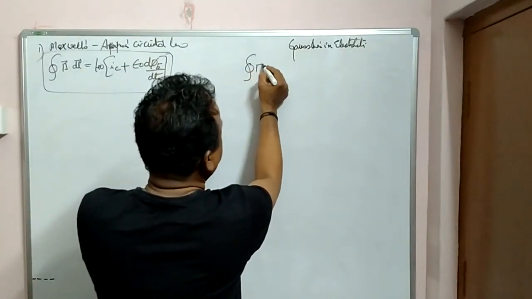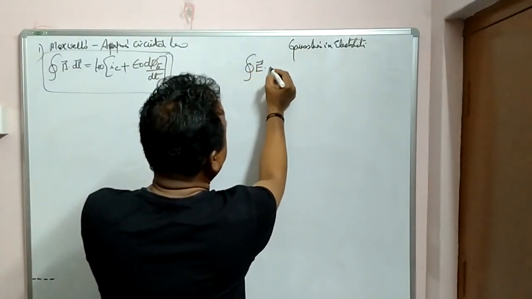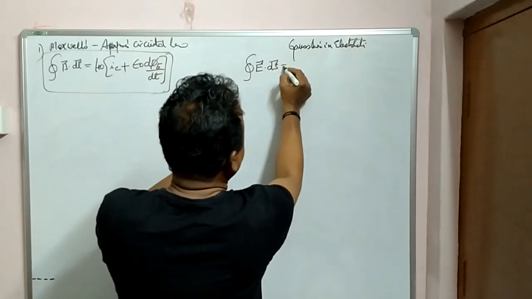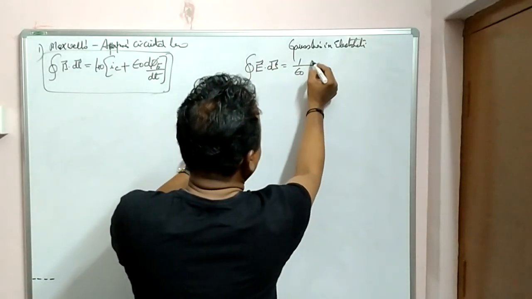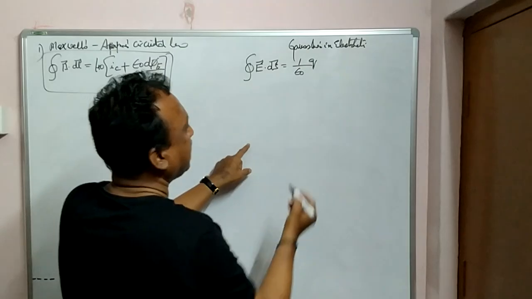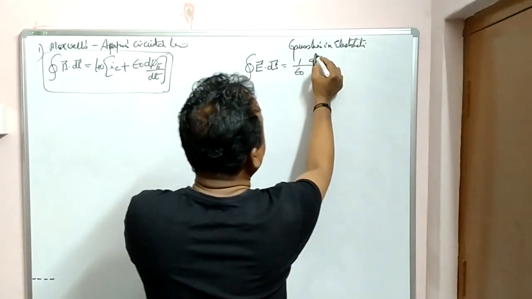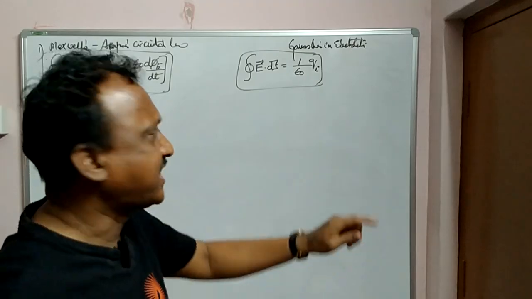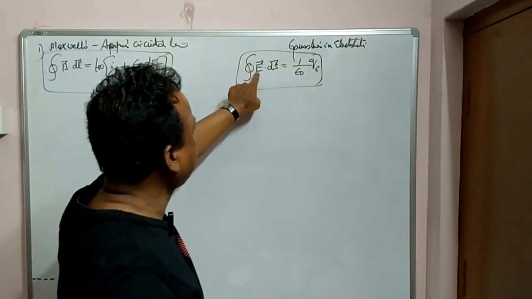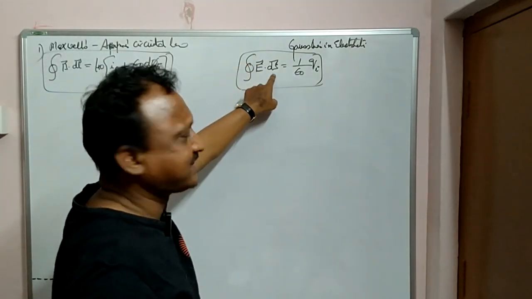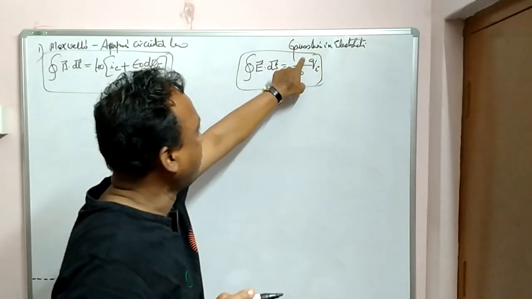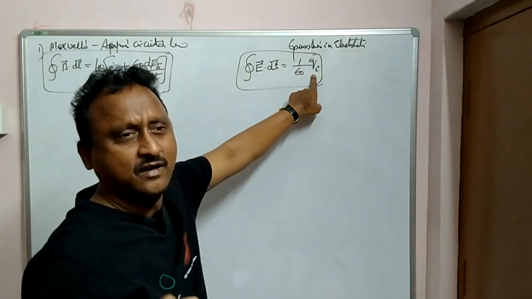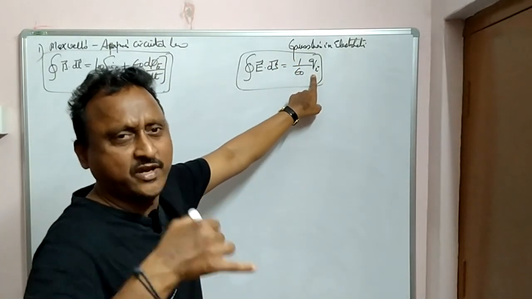Integral E dot ds or dA is equal to 1 by epsilon naught times Q inside. We all know in Gauss laws, electrostatics, electric field intensity over a closed loop, ds, small surface, is equal to 1 by epsilon naught times Q net or Q inside. How much charge is inside?